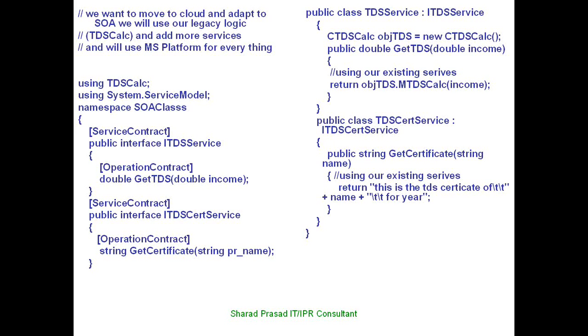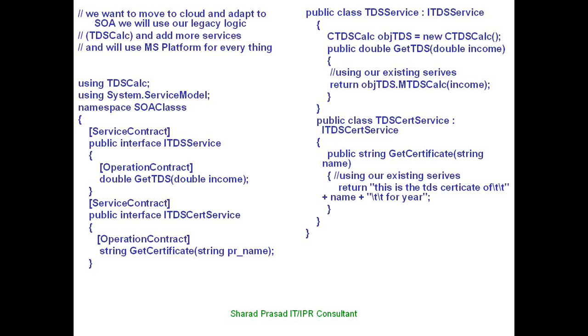Now we will implement our first contract, first interface, and that is TDS service. In TDS service, we have the get TDS method, and in that get TDS method we are simply using our legacy code, existing business logic, through the TDS Calc class.